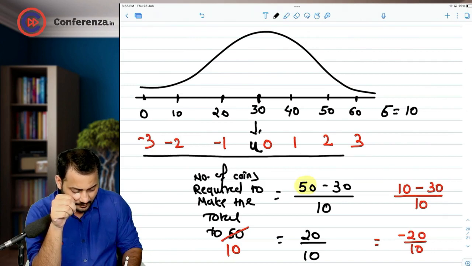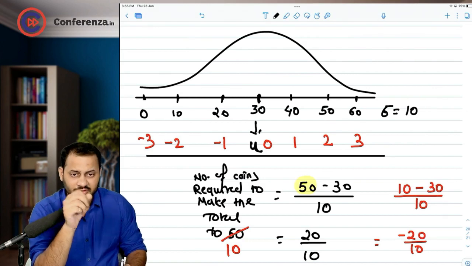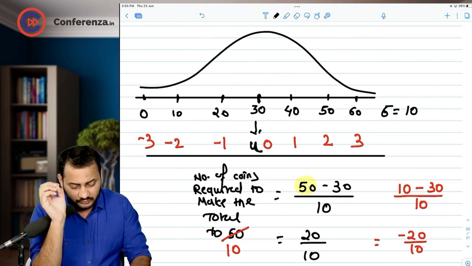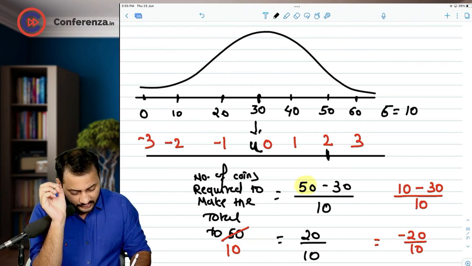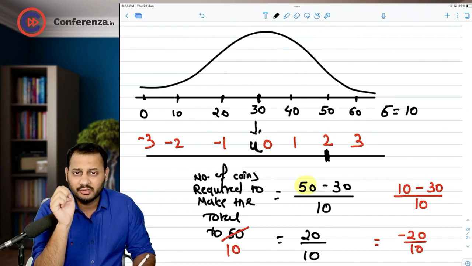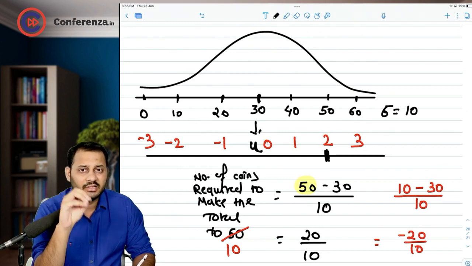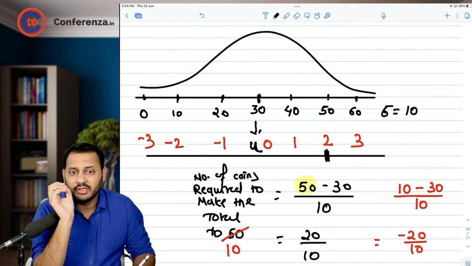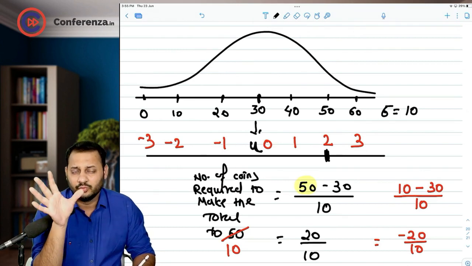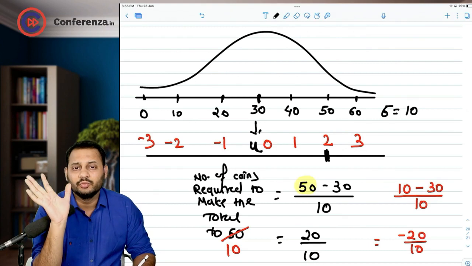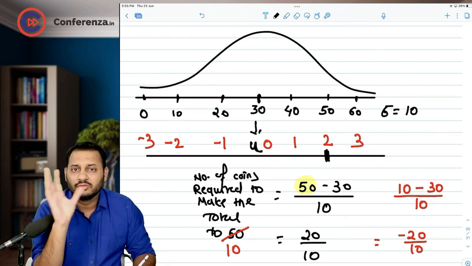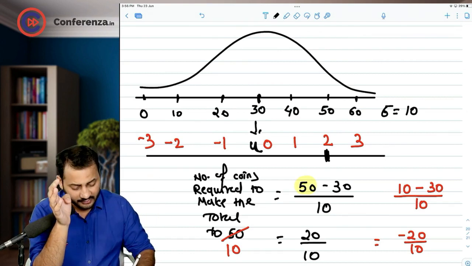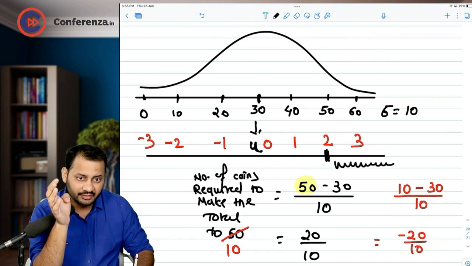They are for the standard deviation 0, 1, 2, 3 on this side. Now, what is the probability that my z-score will be at least 2? At least means I want 2 or more than 2. That means I want to cover this entire region.